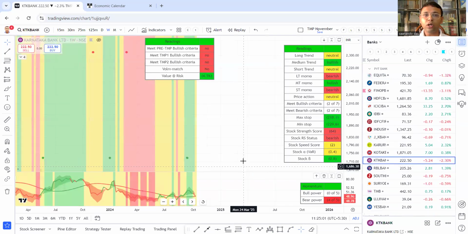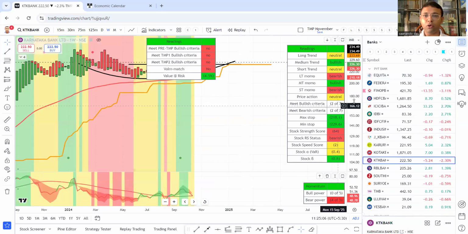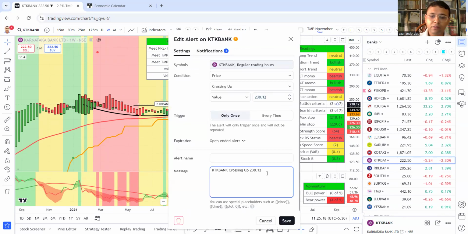Now we are coming to Karnataka Bank. It is not good, so what we do is we wait. We wait for the right moment. It is creating a pattern which I like, but we will have to wait for the right moment and place this alert: buy Karnataka Bank.